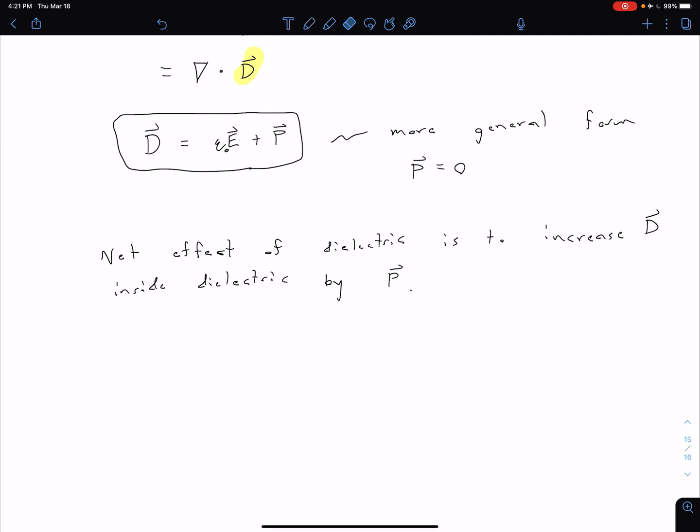Basically we're saying we initially had this, and now we're adding this P. So that's what our dielectric provides for us.